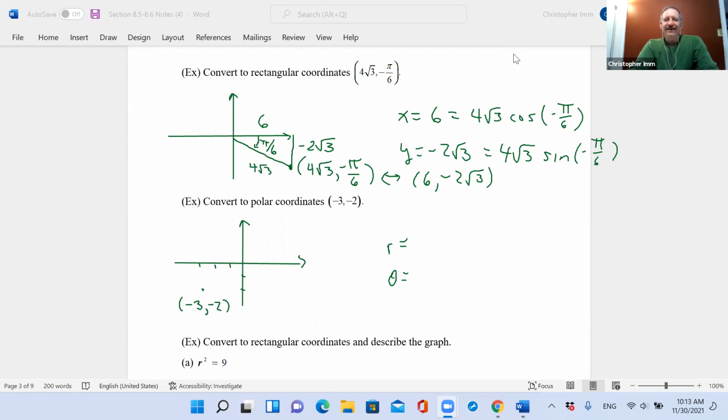3, 4. That's a little more than half the class. 5, there we go. 6, there we go. Okay, thank you, I appreciate it. So square root of 13 and 33 degrees, square root of 13 and 213.7 degrees, negative square root of 13 and 33 degrees.